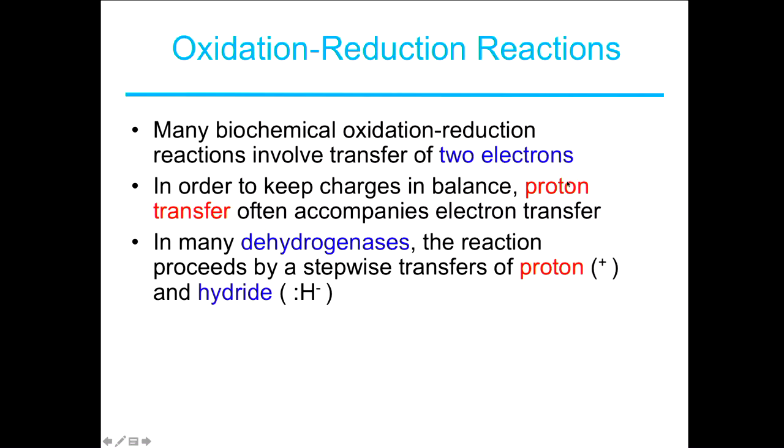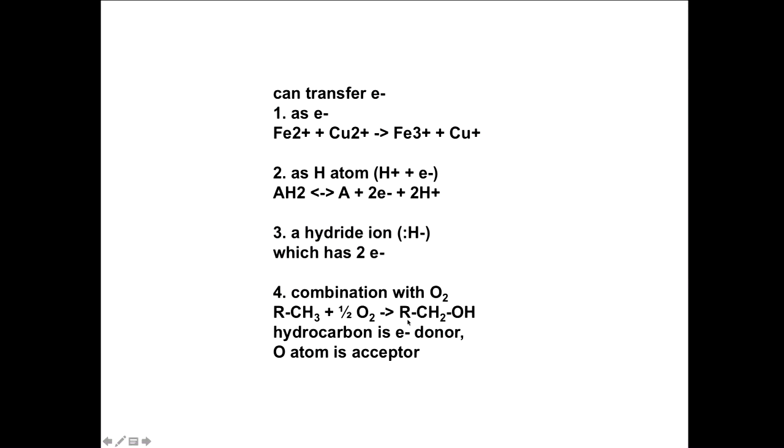So a lot of times a proton will come along. We actually have many families of proteins, often grouped under the title of dehydrogenases, where we can transfer a proton and a hydride. Okay, so that's 2 negative charges and a positive charge, a proton and a hydride.